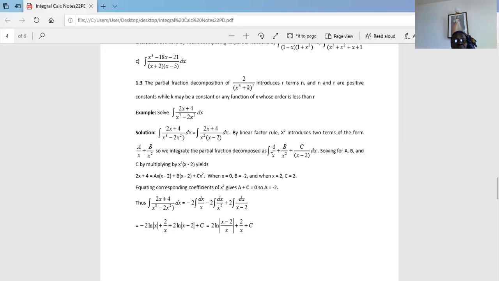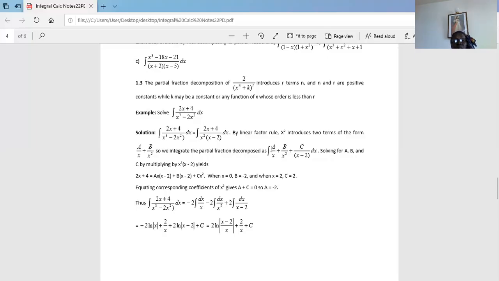So we can have ax plus b, because these two fractions, if you combine them, making x squared the LCM of the denominator, you will have ax plus b over x squared, which is allowed.